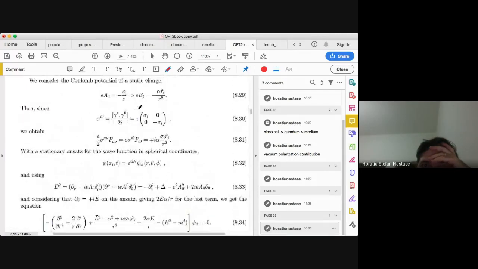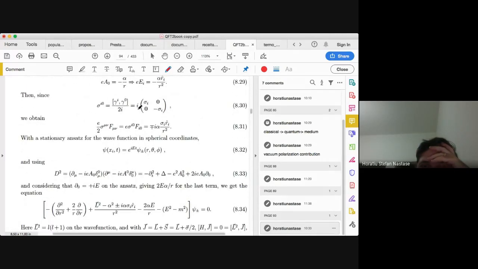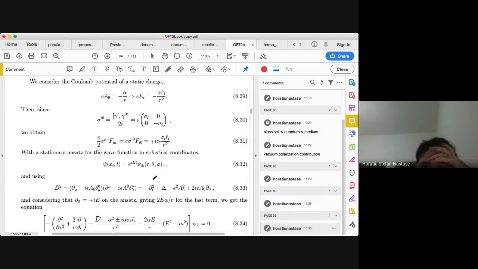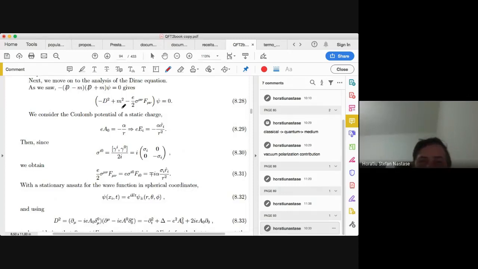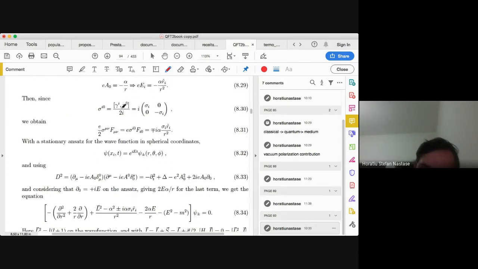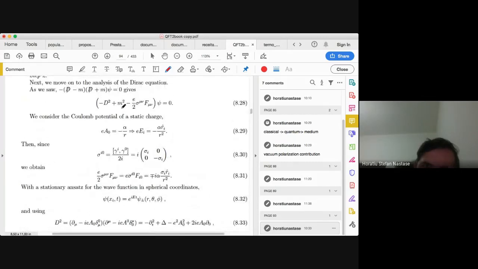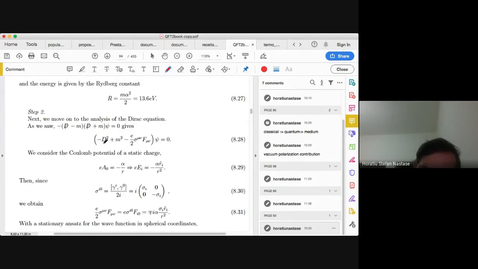This term was E squared, and m was already here. All right. So the equation we're looking for is this, which is the relativistic one.